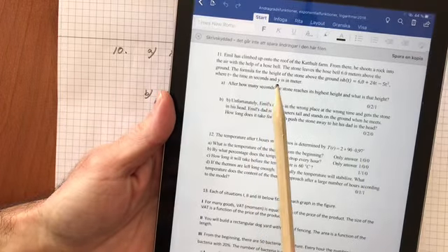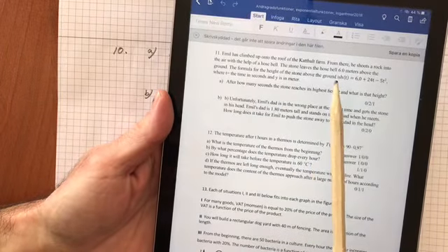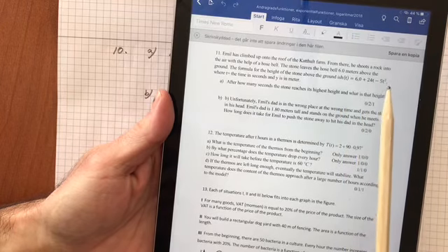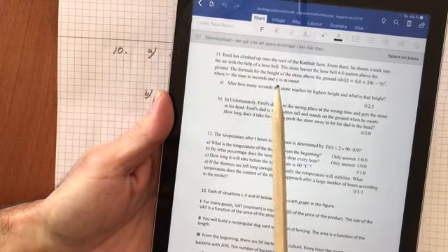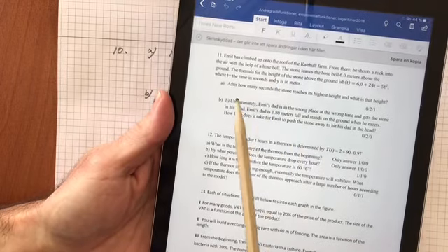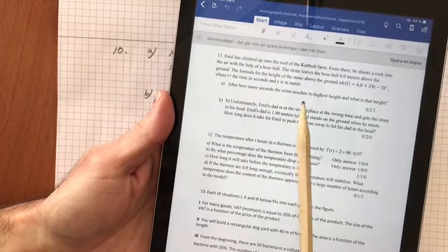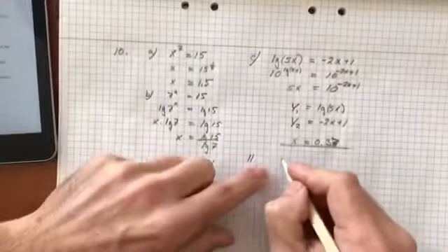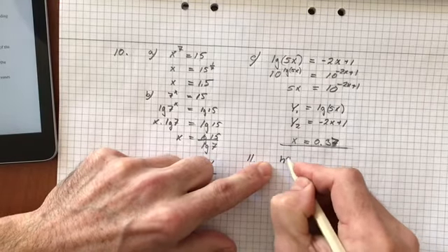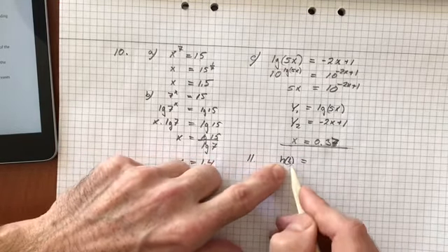The formula for the height of the stone above the ground is h of t is this, where t is time in seconds and h is in meters. After how many seconds does the stone reach its highest height, and what is that height? Well, I will show you. So this is the function for the height, depending on the time.